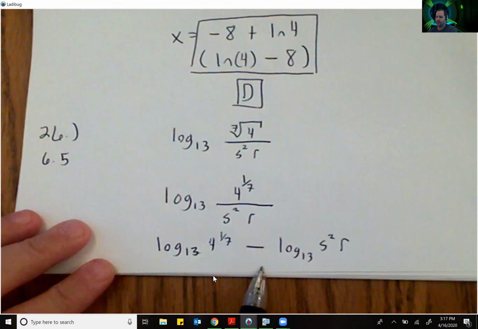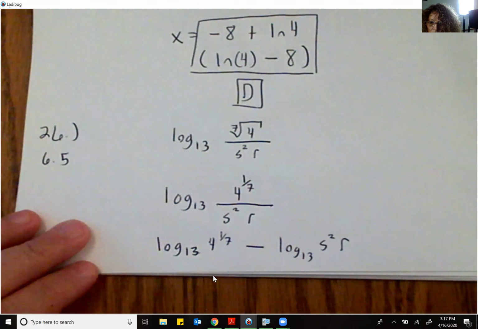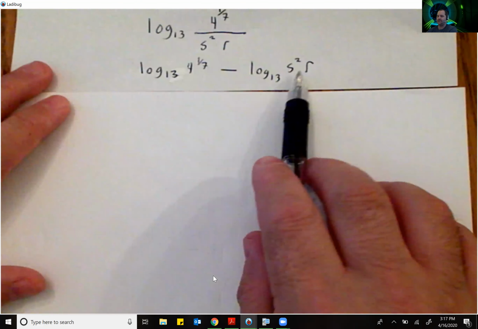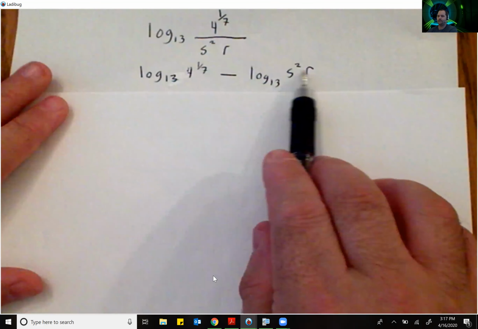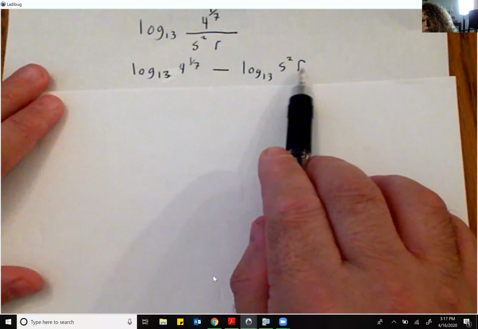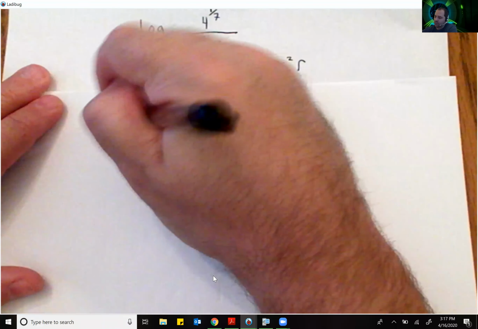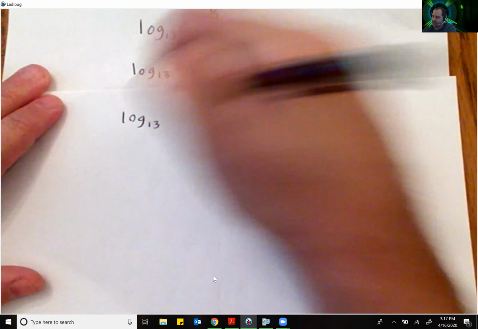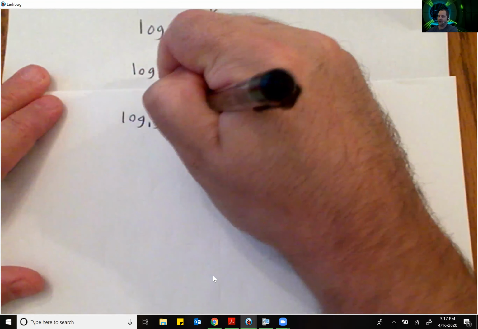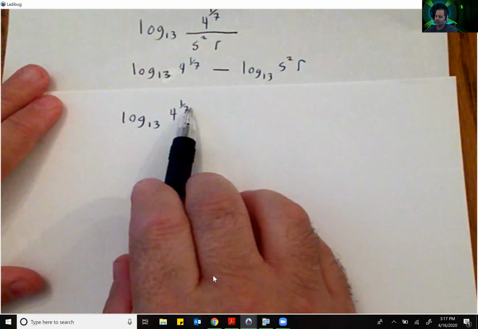Now, if you look right here, what's going on between these two? Multiplication. So you add them. All right. So we're going to expand out even further. We're going to keep the log base 13 of 4 to the 1/7.